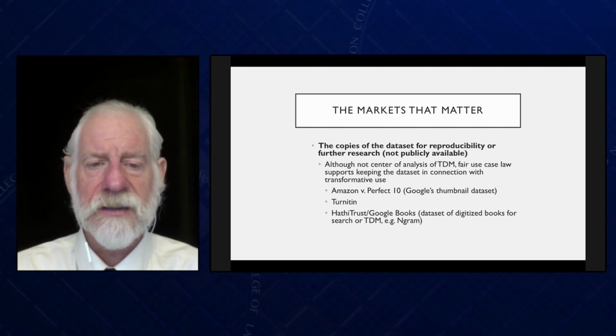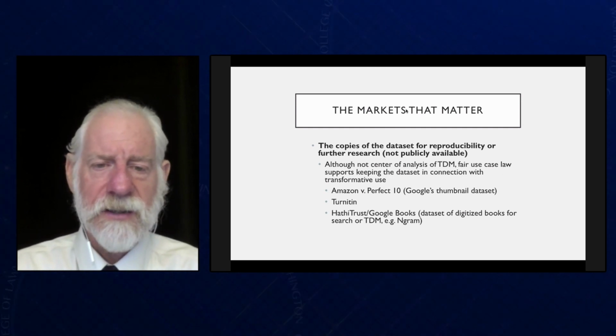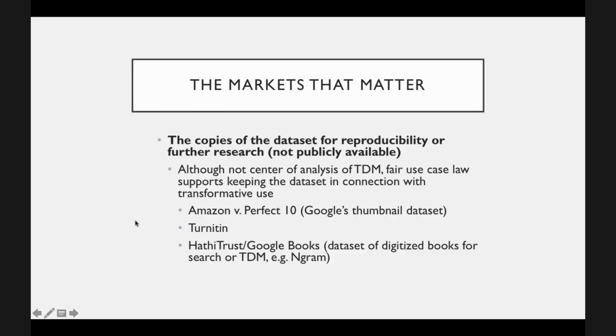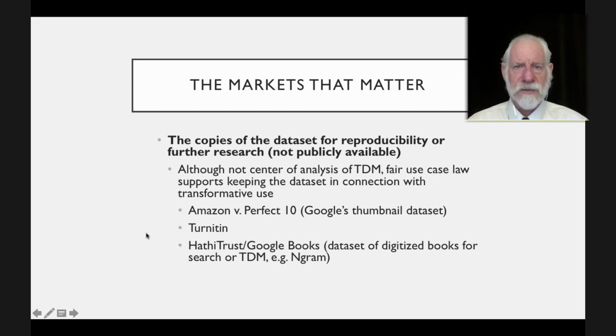And I've got a bunch of technology-specific fair use cases in the US that justify this. When image search engines make copies and create thumbnail images, the courts have said that's a fair use. Turnitin involved plagiarism detection software that made copies of student papers and held them in a corpus that could then be searched for plagiarism, again a fair use.